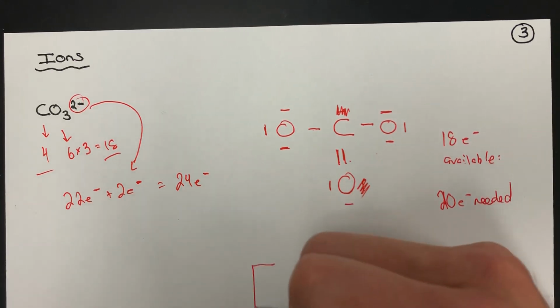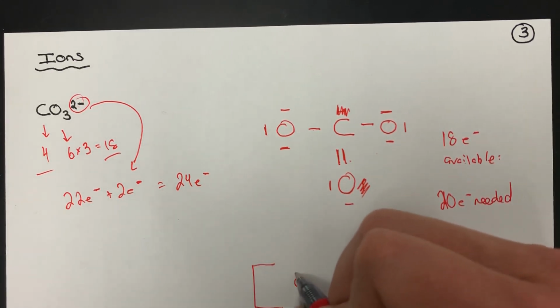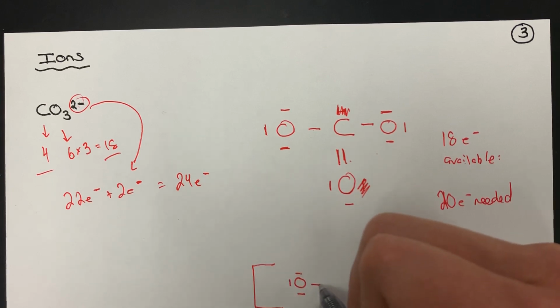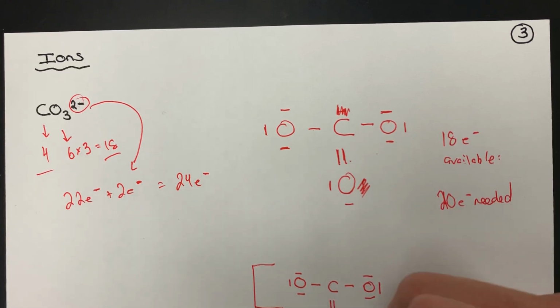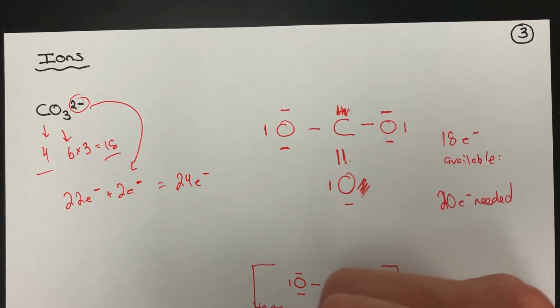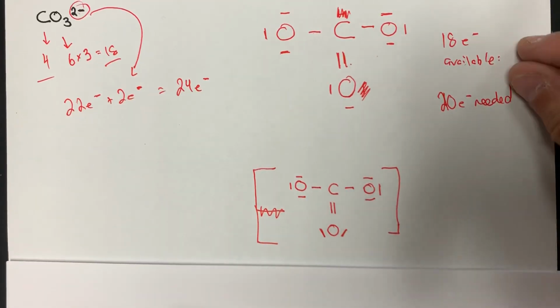Towards constructing my final answer, I'm going to stick this whole thing in brackets. I have lone pairs around the oxygen. I have the centralized carbon, another peripheral oxygen, and then this is, as written right now, kind of asymmetric. I'll extend that bracket down a little bit. Sorry, guys.